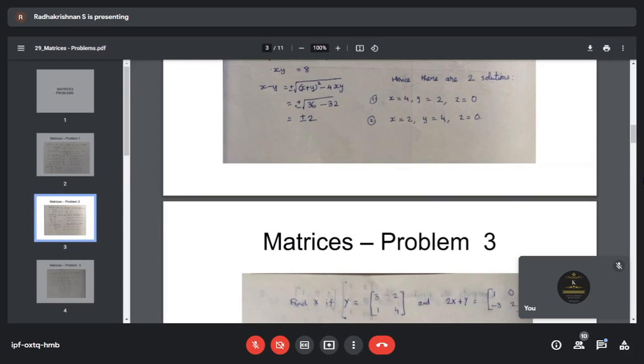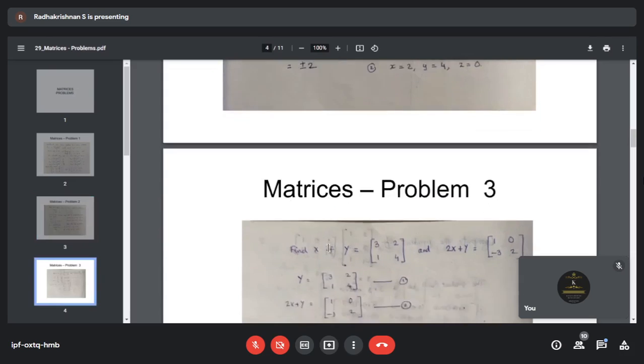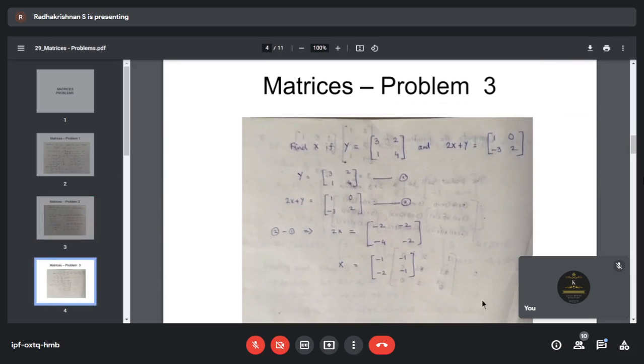Right. So let me come to the solution part. Since y is given as this matrix and 2x plus y is given as another matrix, substituting, 2x plus y minus y is equal to 2x. So 2x will be subtracting the first matrix from the second.